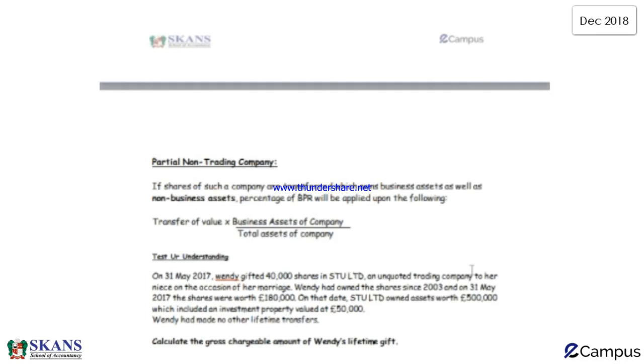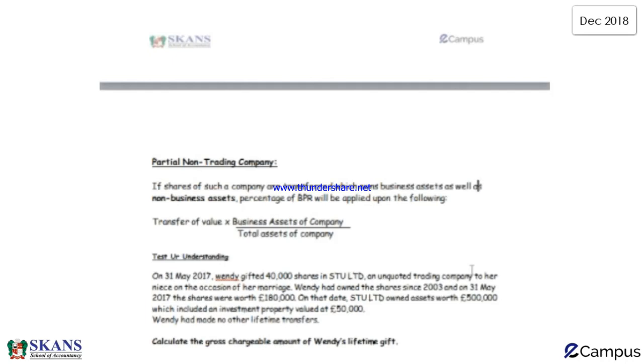In this case, how BPR is calculated, we are not allowed to take 100% of the transfer of value. Over here, we need to find the business proportion of the transfer of value of shares according to the proportion of assets owned by the company. If the company owns 80% business assets, only 80% of the transfer of value will qualify for BPR.